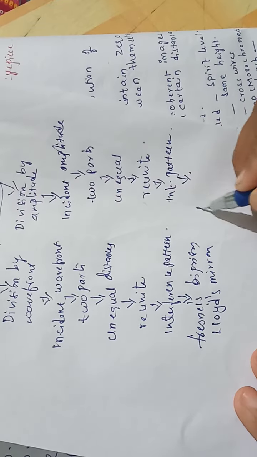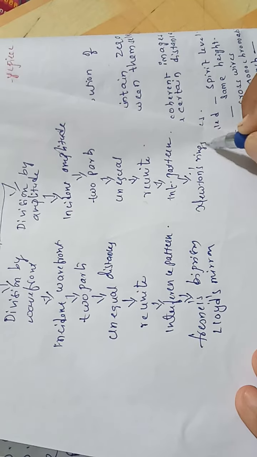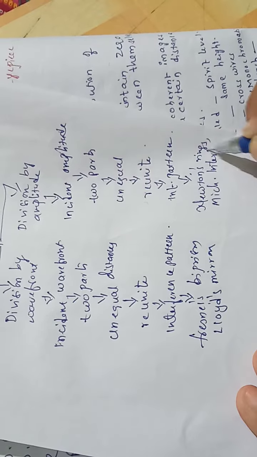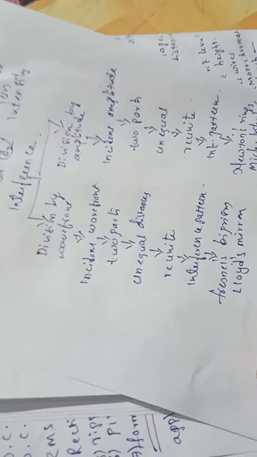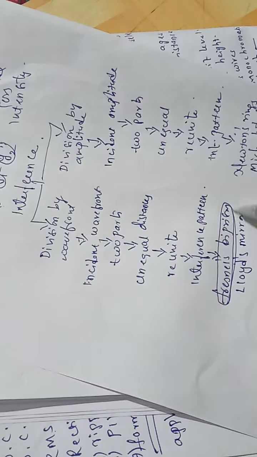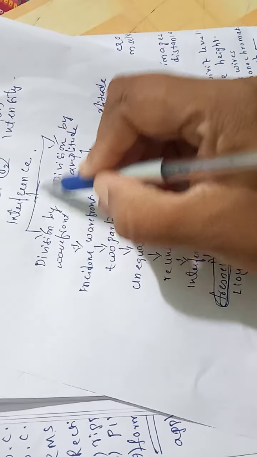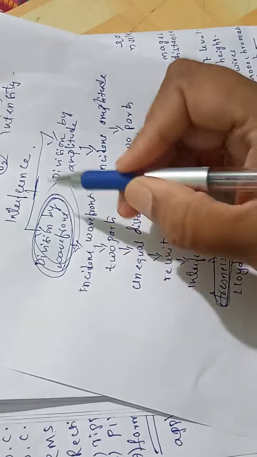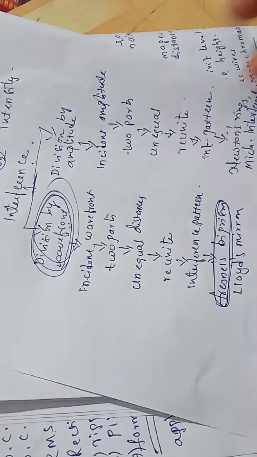The examples for these are Newton's rings and Michelson interferometer. Now here we are discussing Fresnel's biprism, that is interference produced by division of wavefront.